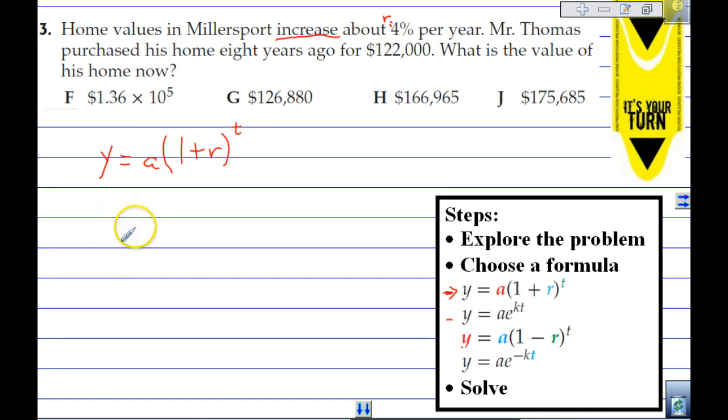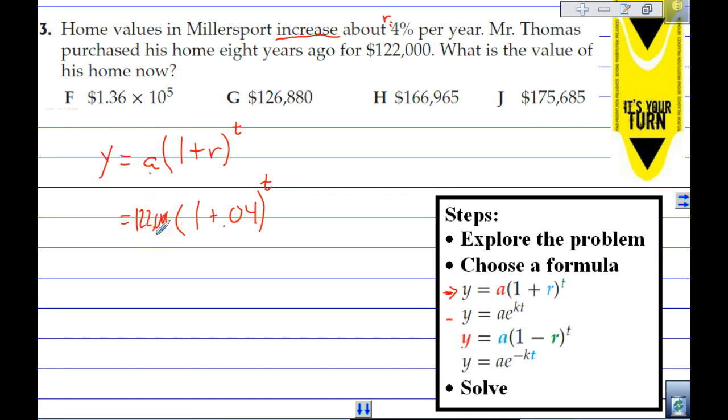Let's plug in our values. We only know the r, so 1 plus, be careful, 0.04. Not 0.4, 0.04. We purchased the home 8 years ago for $122,000, and we want to know what the value is right now. So our initial was $122,000.